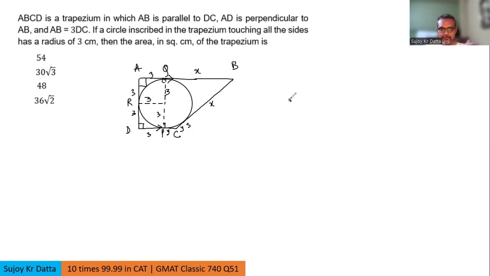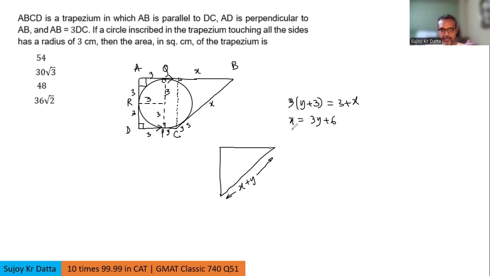Now we know that AB is thrice of DC, so we can write that CD is Y plus 3. So 3 times Y plus 3 is 3 plus X. So X comes out to be 3Y plus 6. Now let's draw a dotted line like this, perpendicular, completing this right angle triangle. In that right angle triangle, this part is X plus Y. X we already know, so X plus Y will be 4Y plus 6.